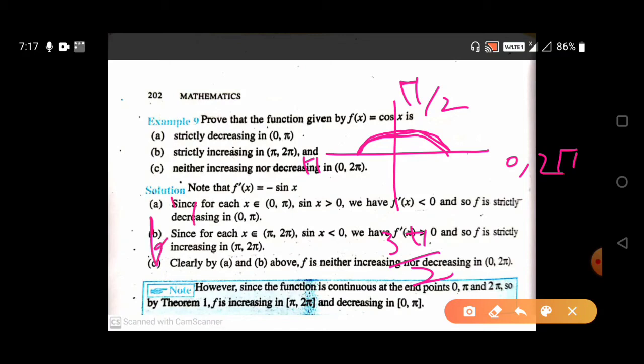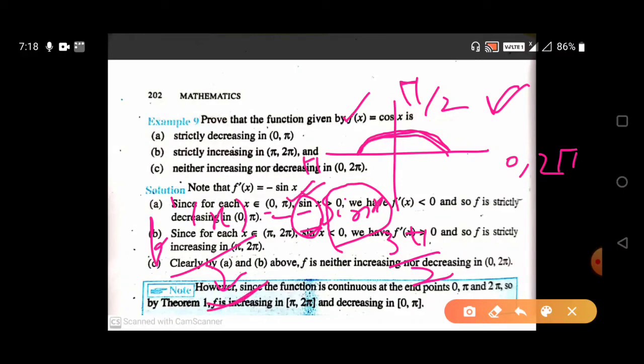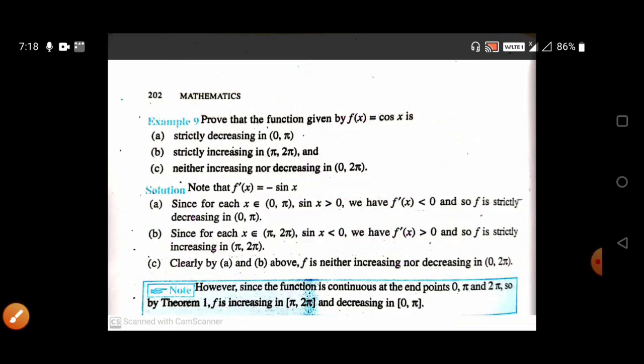Since f'(x) is equal to −sin x, in the first quadrant sin x is positive, and before sin x the negative sign is given, so f'(x) will become negative. In the second quadrant also sin x is positive, and with this negative sign f'(x) will become negative. So for the first two quadrants f'(x) will be less than 0.